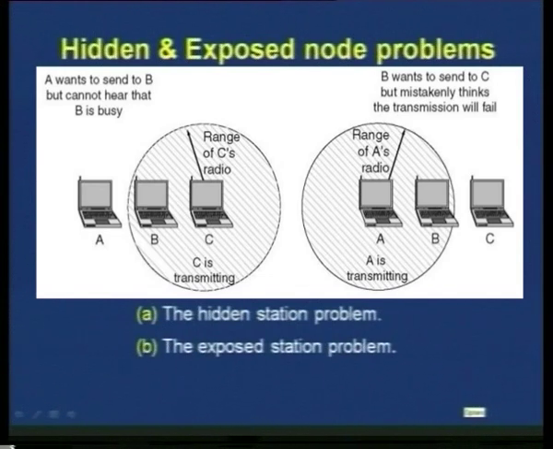Here what is happening is B wants to send to C but mistakenly thinks that the transmission will fail. Suppose A is transmitting to somebody else. Now if B wants to transmit to C, B will not transmit because it thinks it is going to collide with this. So you have this case of an exposed station problem. So these are two main problems that we have in the 802 wireless network.